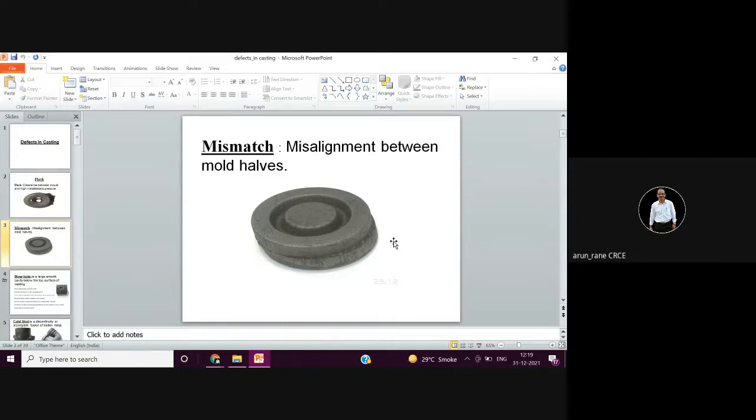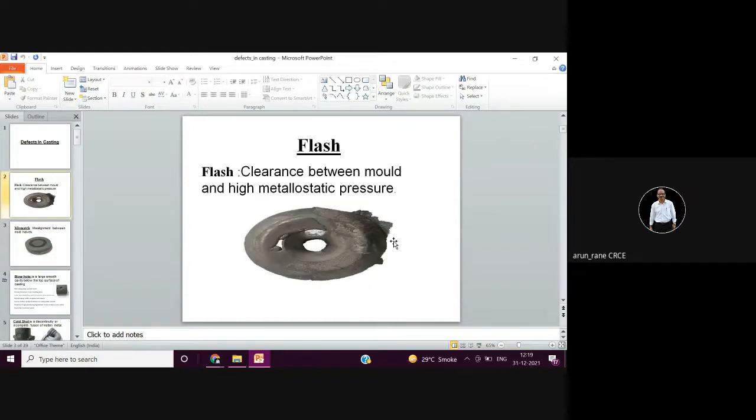Mismatch. And this flash occurs if the locking is not good, and that is what is clearance. If the two molds are not, if the two halves are not locked properly, then you get a flash.